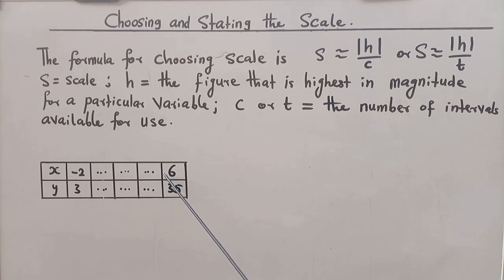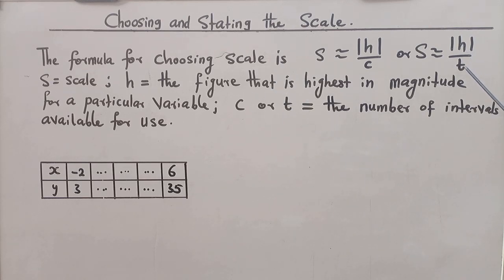Because of that, to get t, that is number of intervals, we count how many intervals from 0 to the end of the graph page, and then determine how many of them that we want to make use of. It is not advisable to make use of all the intervals available on that sub-axis. Cut off 1 or 2 intervals and regard the rest as available for use.